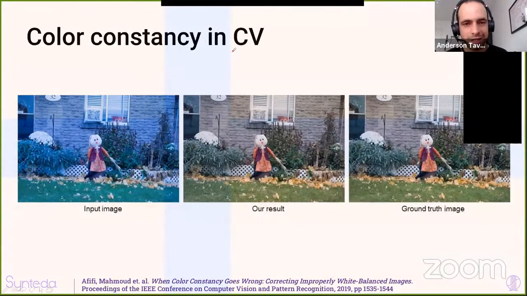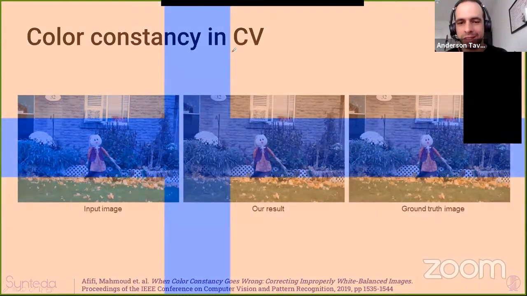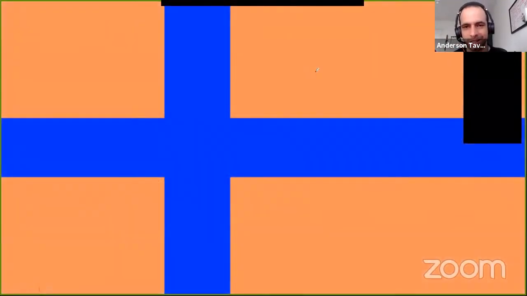Another example: if we look at this flag for, I don't know, 20 seconds, I think you know which flag this is, but the colors are kind of weird because they are inverted based on the white color.